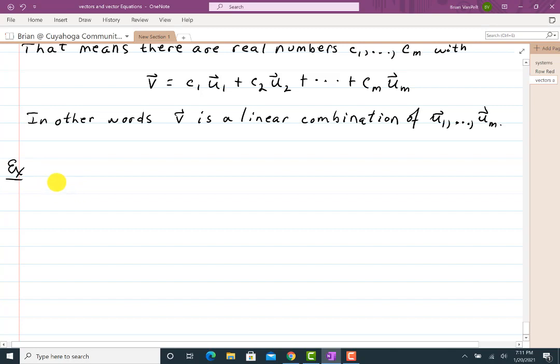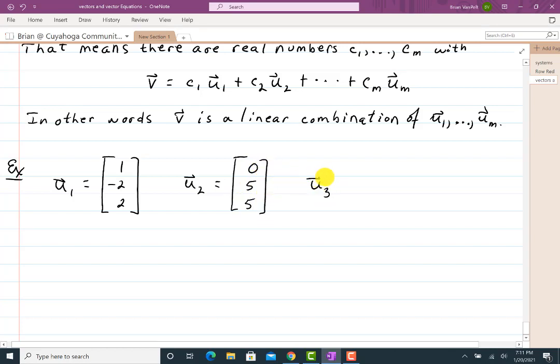So we're going to start with U1 equals 1, negative 2, 2. U2 is going to equal 0, 5, 5. And then U3 is going to equal 2, 0, 8. So all 3 of these are in R3. And then I'm going to let V equal negative 5, 11, negative 7.